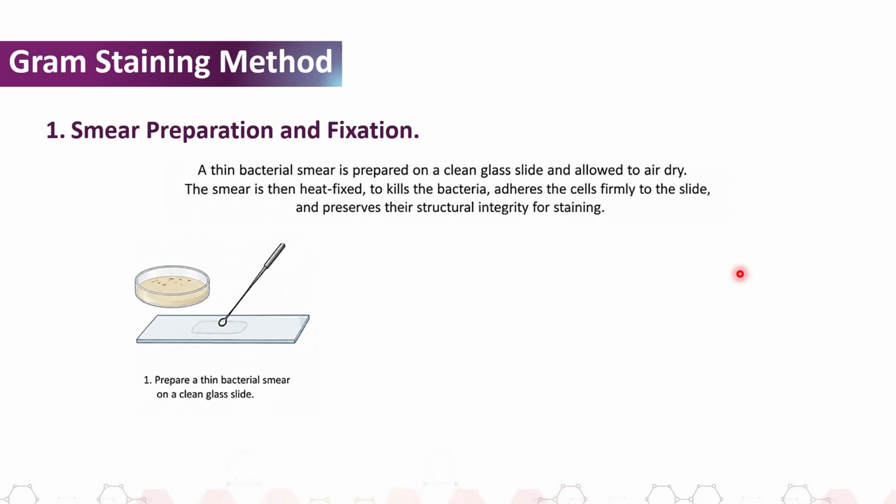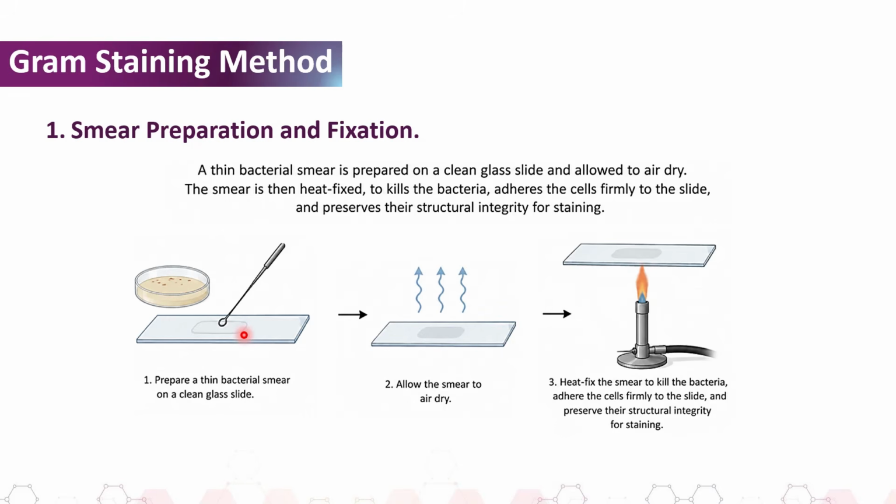So let us look at the gram staining method. Before gram staining is done, the first thing that we have to do is to prepare our smear and heat fix it. To prepare a smear, a thin bacterial smear is prepared on a clean glass slide as shown over here, and then allowed to dry completely, after which it is heat fixed by passing it through a flame 2 to 3 times.